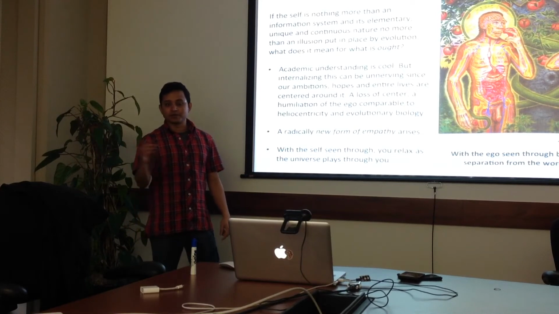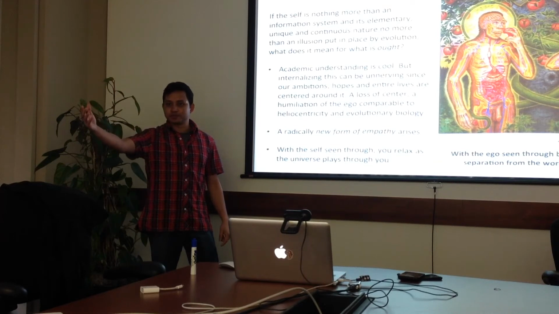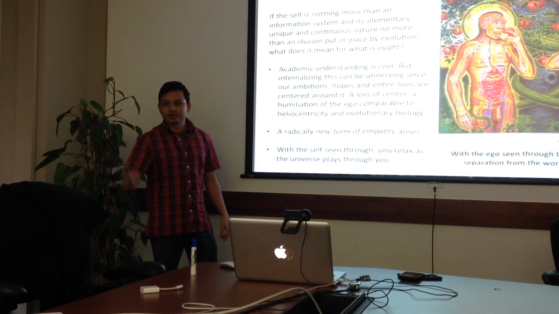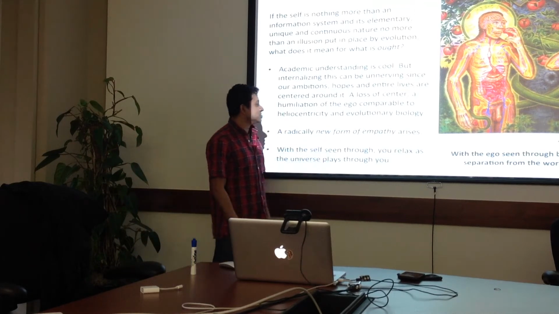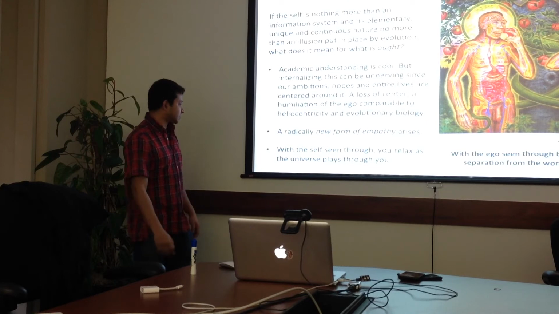All of them are different instances of the same kind of mechanism. The suffering and the pain that I feel in life is qualitatively similar to the suffering and the pain that others feel. So there's no reason for me to go out and hurt other people or do bad things. It's a radically different form of empathy that arises, where you begin to identify with the other self.